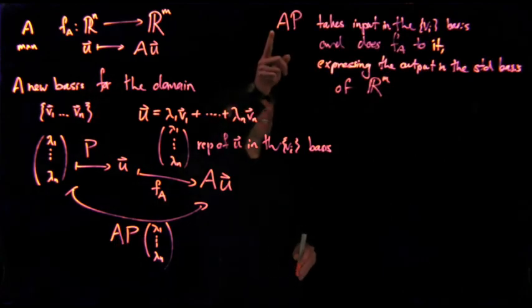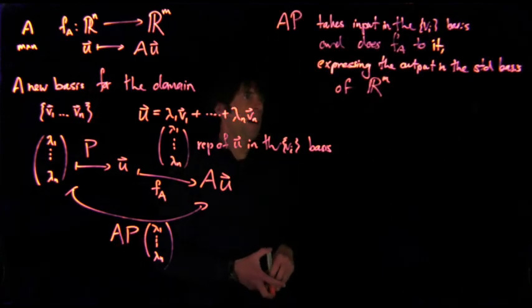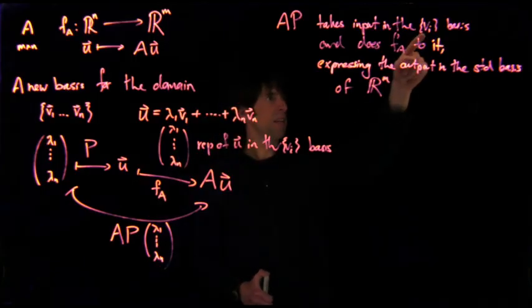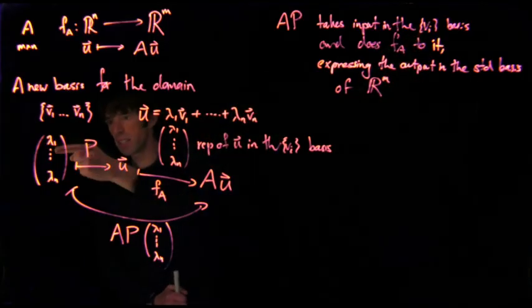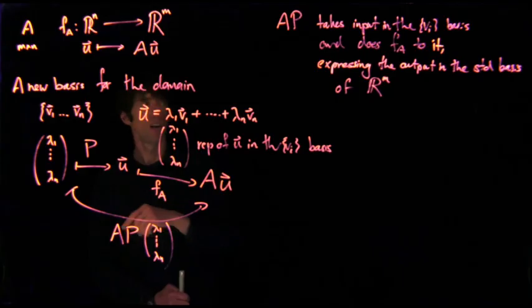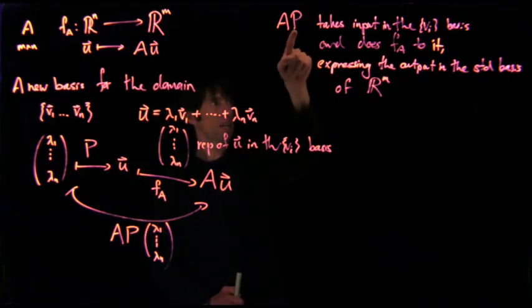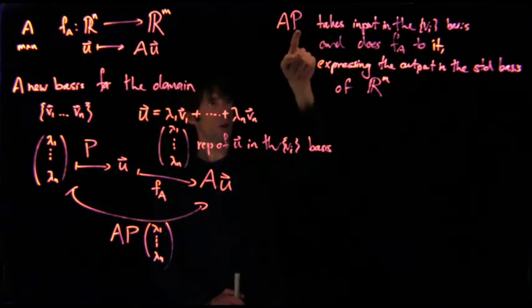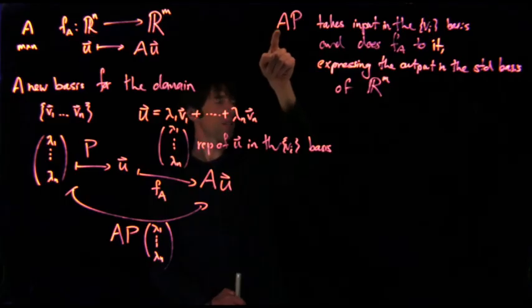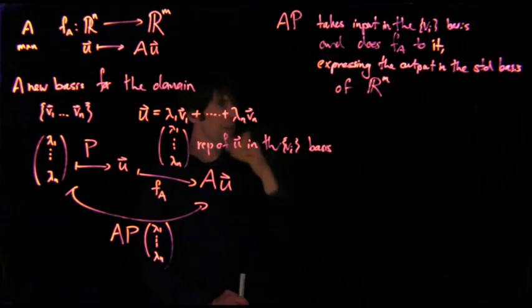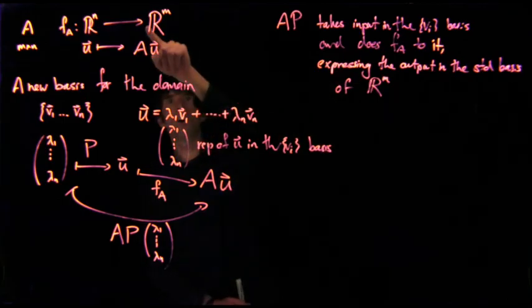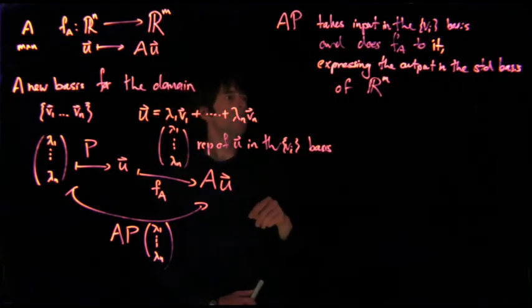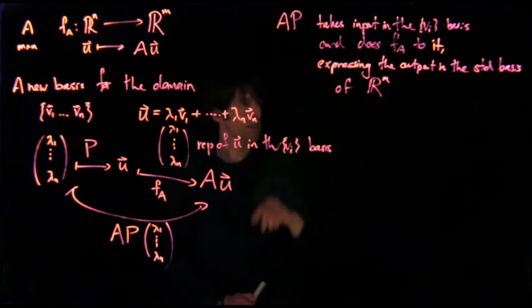So AP takes as input a basis expressed in the v basis. It takes this list of coefficients. And first, the P converts that back to the standard basis representation, and then A does what it's supposed to do to the standard basis representation. And the output comes out of that as a vector in Rm expressed with respect to the standard basis of Rm.